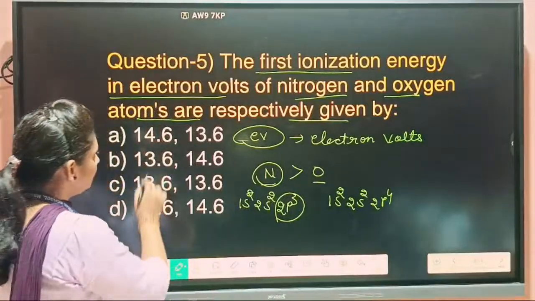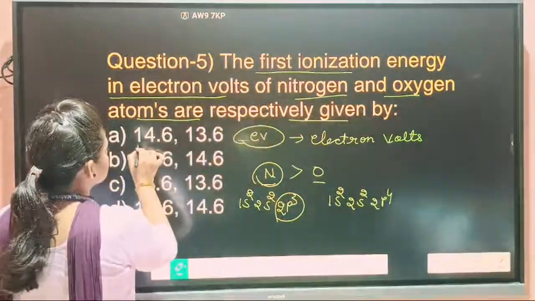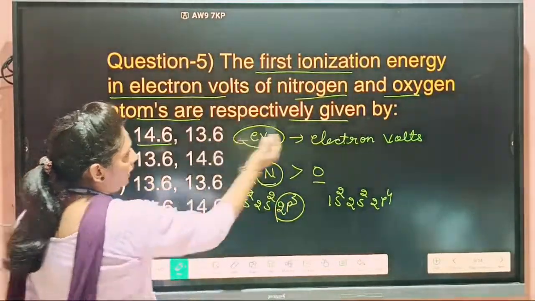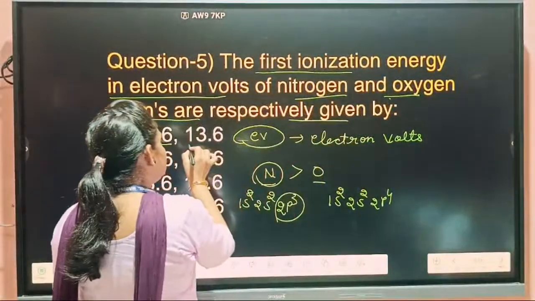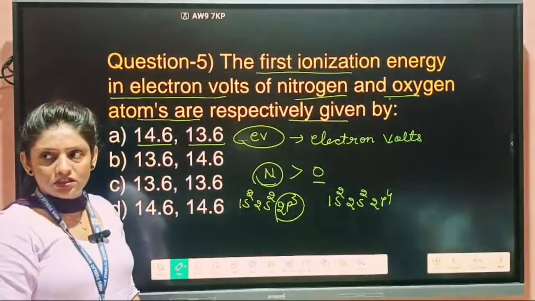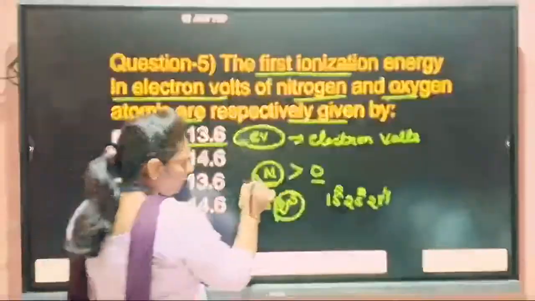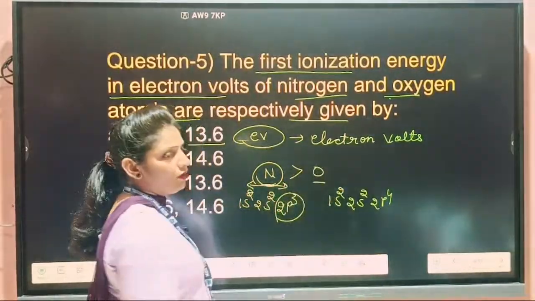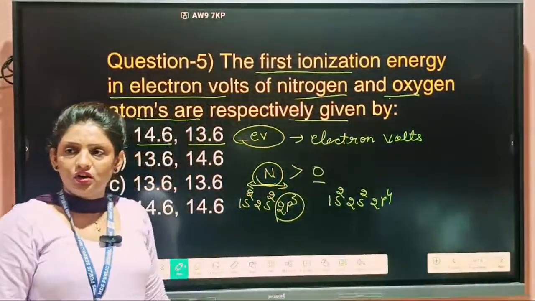So you can see here, this is the ionization enthalpy for nitrogen, and the second one is the ionization enthalpy of the oxygen. Means ionization enthalpy of nitrogen should be greater as compared to ionization enthalpy of the oxygen.